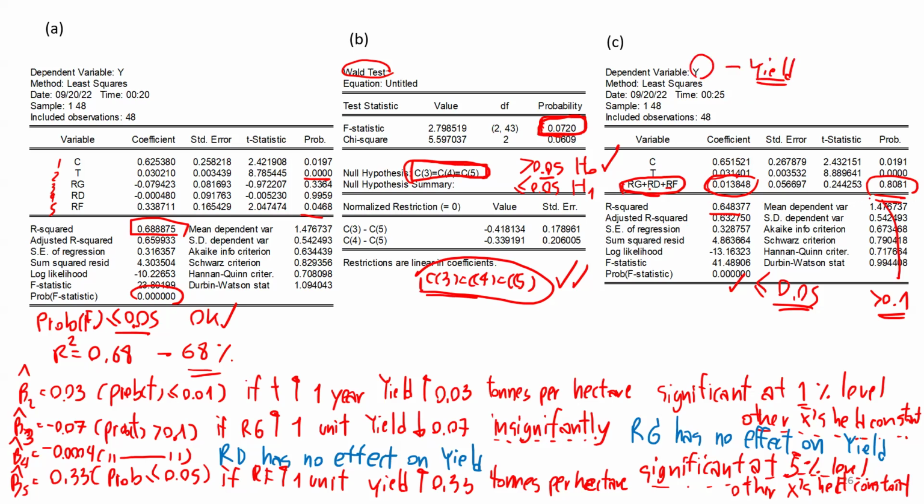So the result suggests that rainfall does not affect yield. Is this weird, or does it make sense? Are you sure?